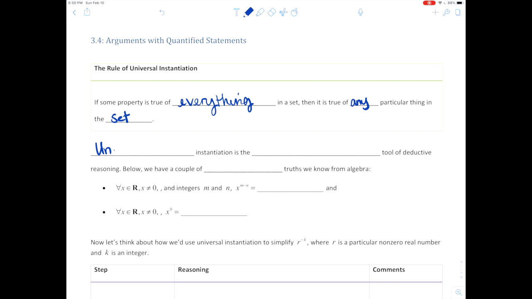So universal instantiation is the fundamental tool of deductive reasoning.